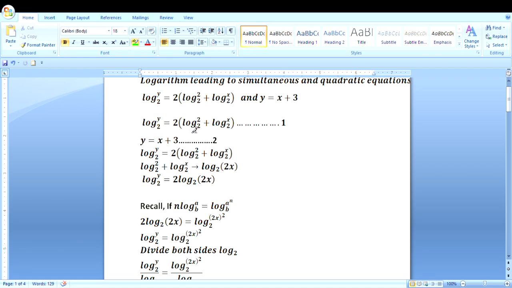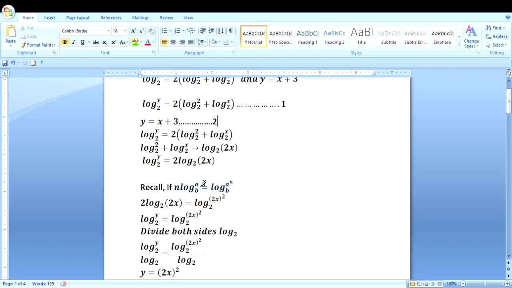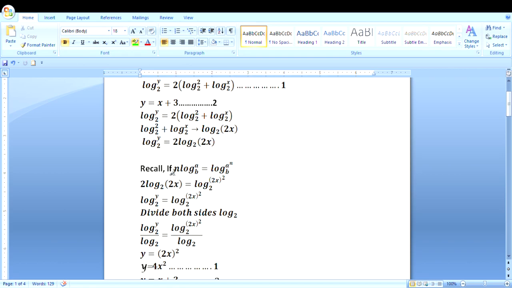Now we put it back here, and log y to base 2 is equal to 2 log 2x to base 2. Here, if we recall from one of those laws of logarithm that has to do with powers, we can easily move this 2 backward so that it becomes the exponent of 2x.